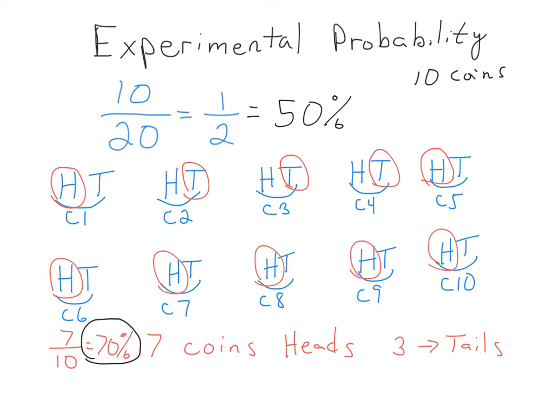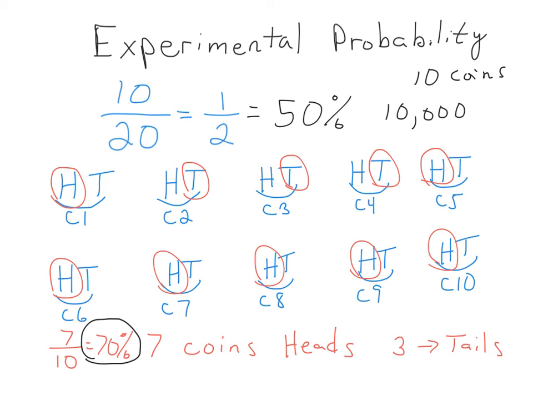Now, the more coins we toss, the more likelihood that it's going to go towards that 50%. Now, if we toss 10,000 coins into the air, the numbers will be very close. You will have right around 5,000 coins will land on heads, and about 5,000 coins will land on tails. That is how it works.